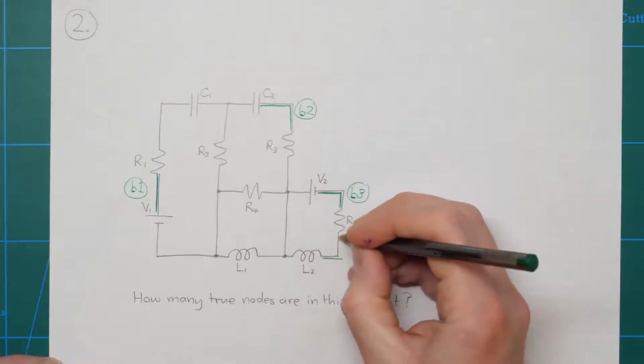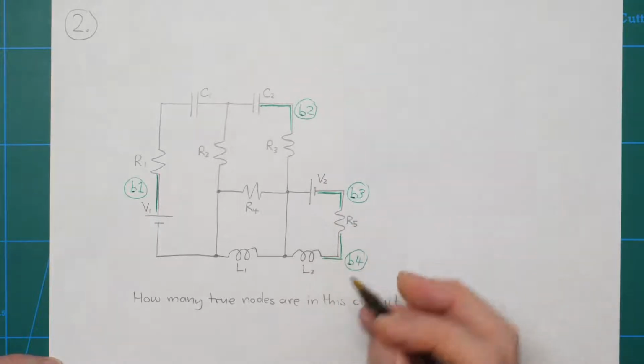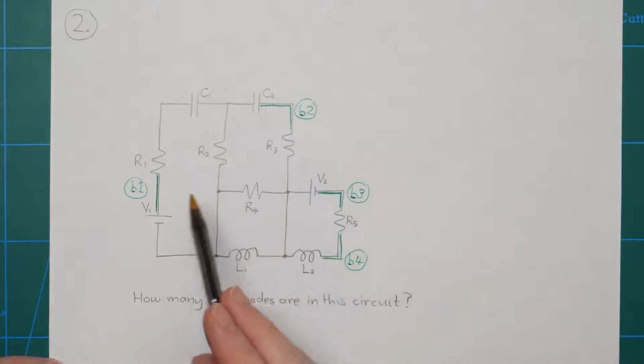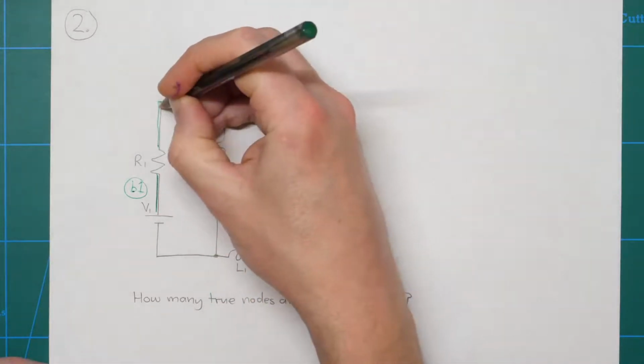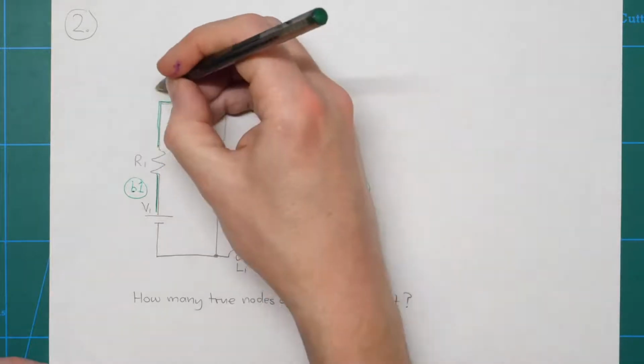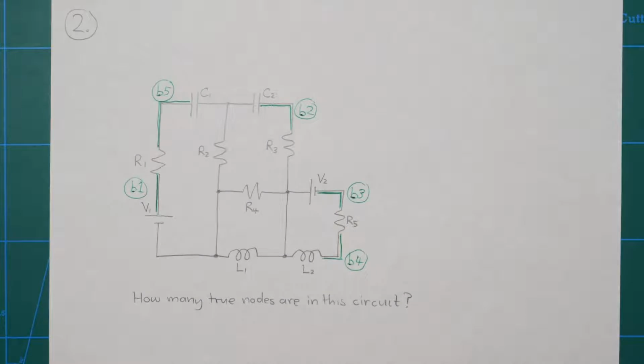Binary node here. Call that B4. I think that might be it. There's one more up here. That's B5. So of course these are not the nodes you've been asked to count in this question. You've been asked to count the true nodes, but I'm just going to mark them off so we don't get them mixed up when we're counting the true nodes.